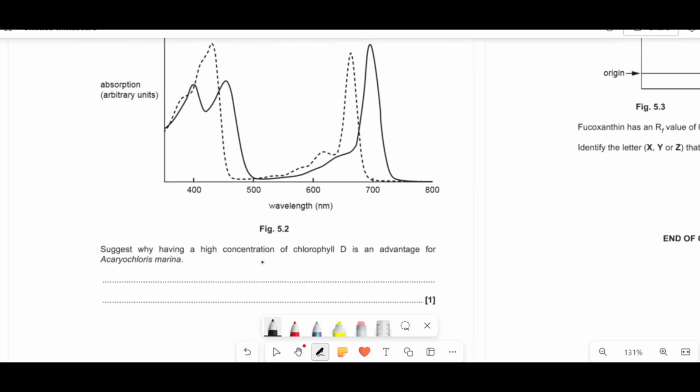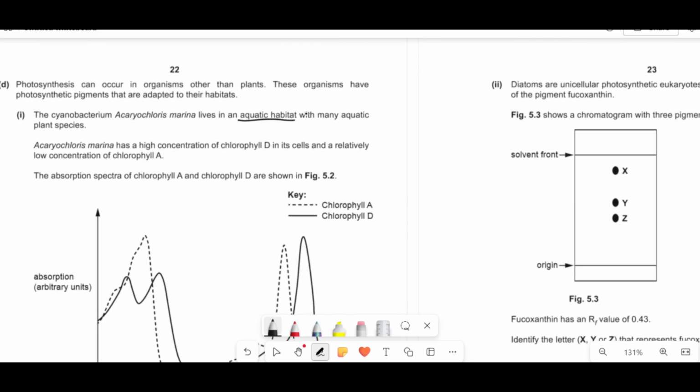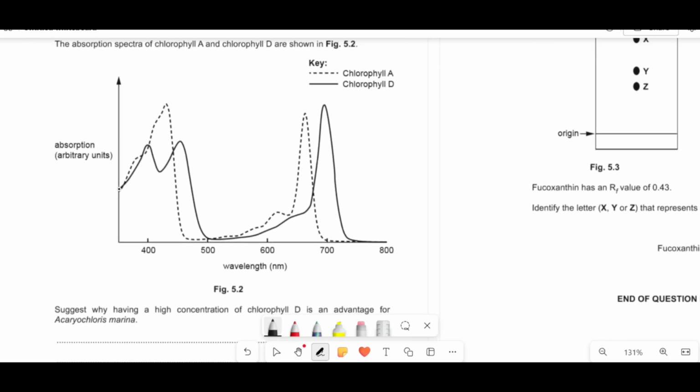It says, suggest why a high concentration of chlorophyll D is an advantage for this organism. So we have a look at chlorophyll D. It's told you in the question that this is an aquatic habitat that it lives in and it has a lot of D. The range that it doesn't absorb seems to be a lot broader than what chlorophyll A does. Can you see how chlorophyll D is absorbing this when A doesn't absorb as much? And also here, and all of this, where A doesn't as much.